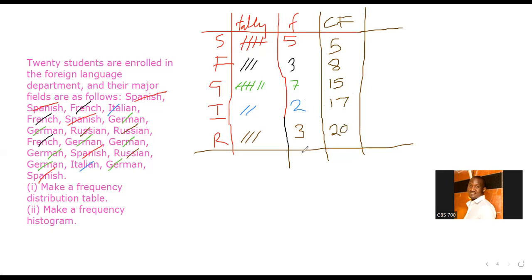And our 20 is our n here, which is 20. Are we together? Before I proceed, anyone behind?